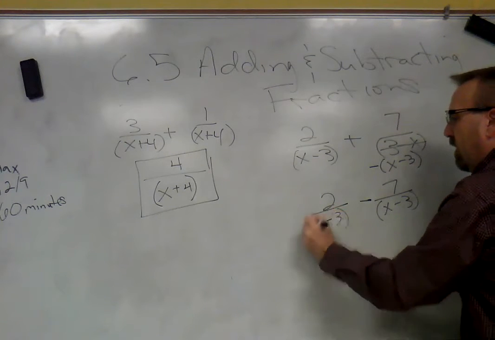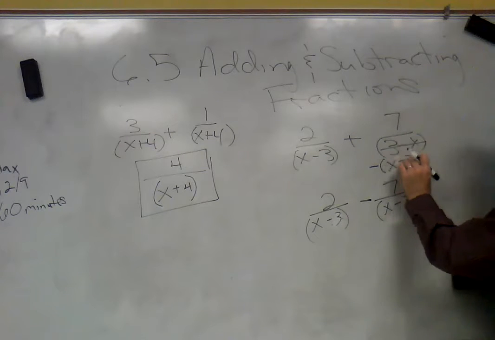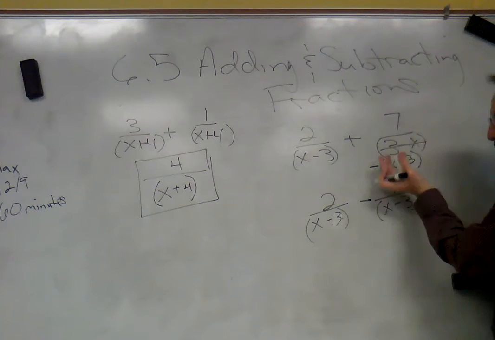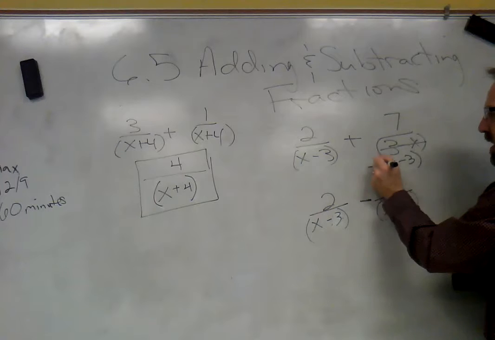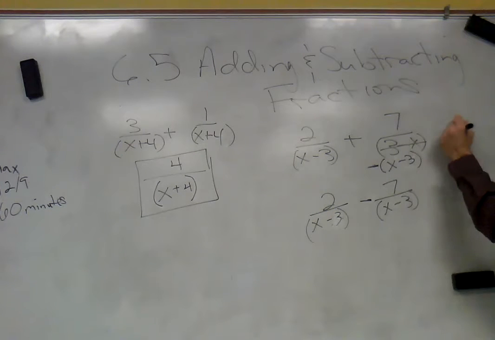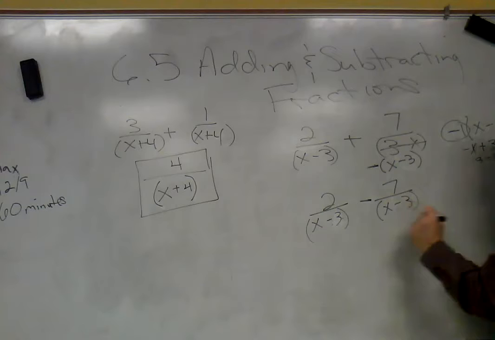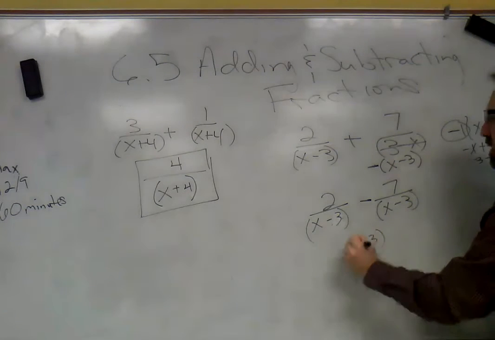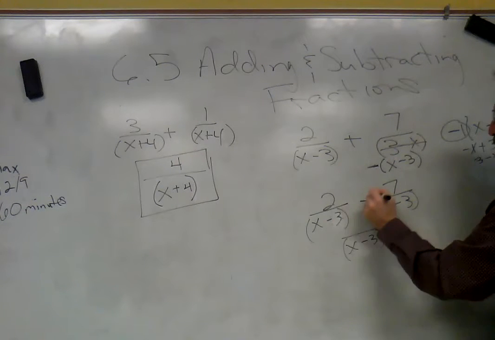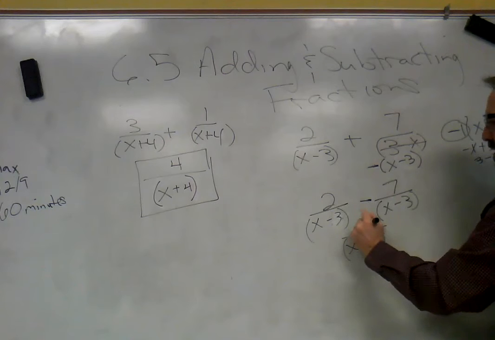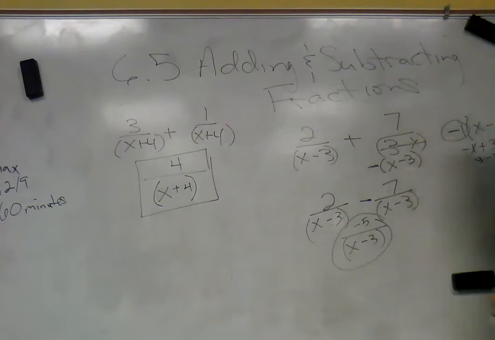So anytime they are the same numbers but in opposite order subtract, you can flip it but make it a negative, because basically what is negative 1? If we put that in there, it'd be negative x plus 3, which is 3 minus x. So that's why we took that negative outside. We factored out a negative. These two are now the same. So all we're left with on the top is 2 minus 7, which is negative 5.